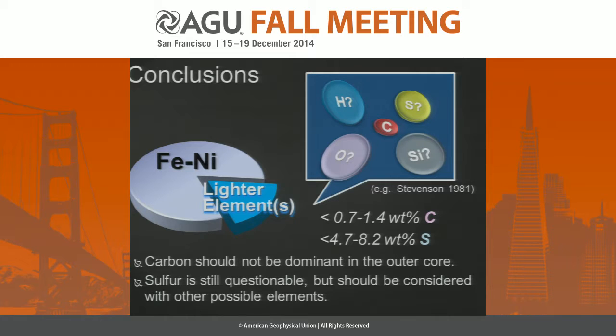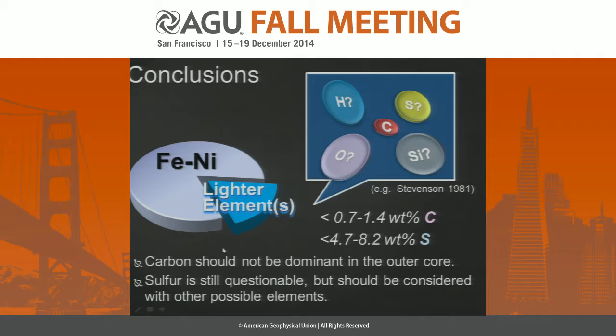But this amount, 1.4% for carbon or 5 to 8% for sulfur, sounds a little bit low if we try to explain the core density deficit, I mean, a 10% core density deficit. So the trade-off among the lighter elements and their effect on the sound velocity is unclear.